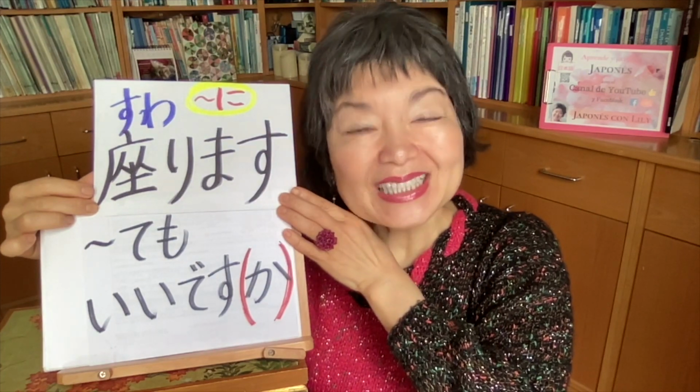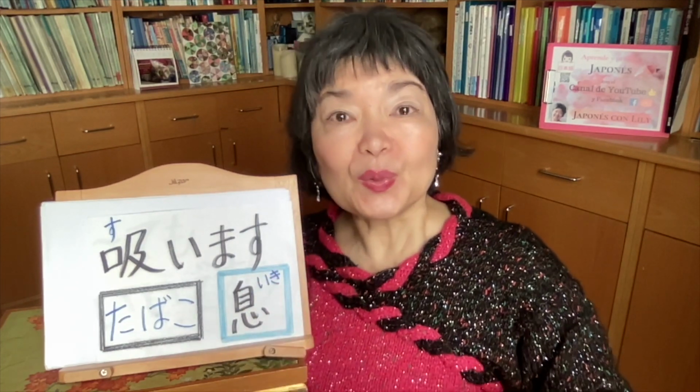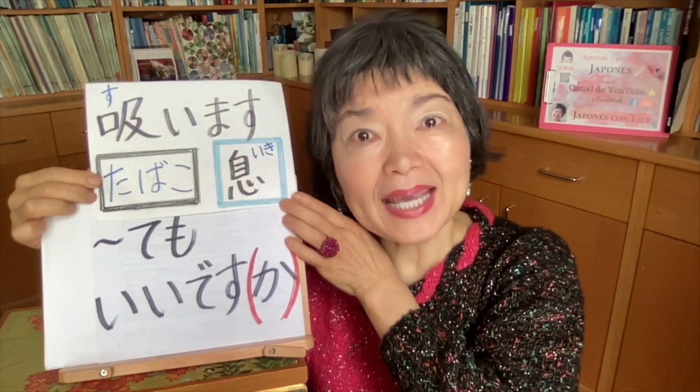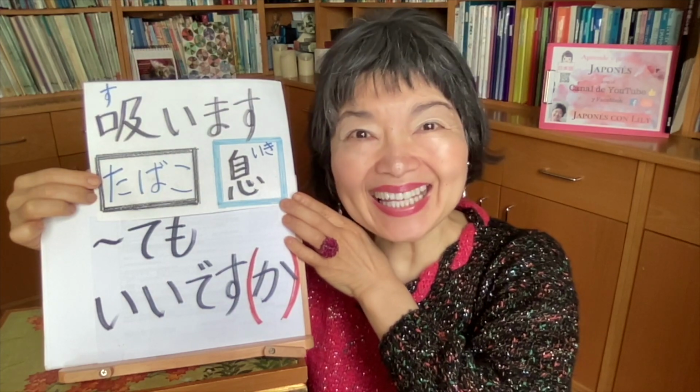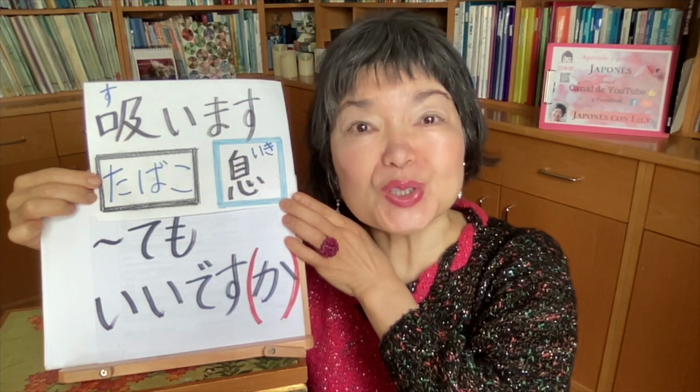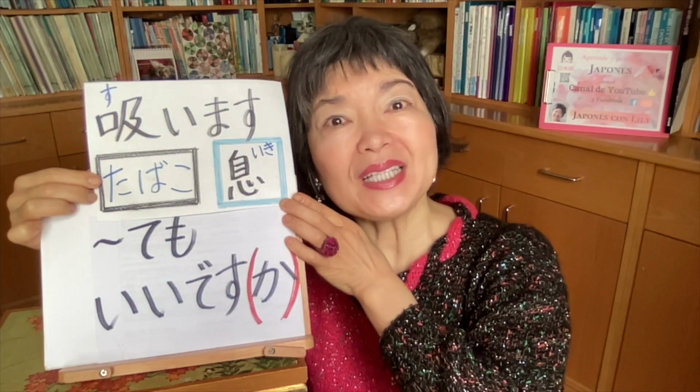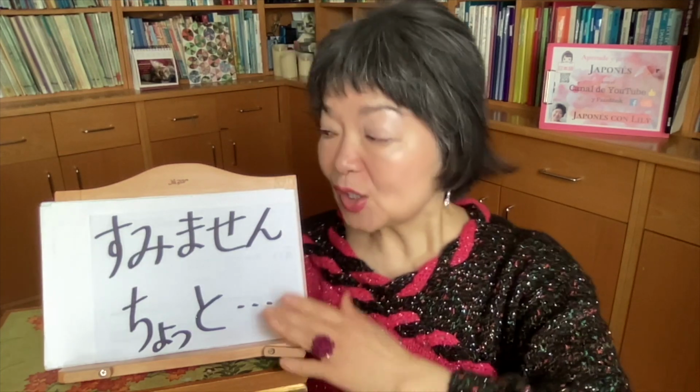ここに座ってもいいですか? 吸います. This verb means to breathe in, to inhale. And タバコ is tobacco. May I smoke here? ここでタバコを吸ってもいいですか? すみません、ちょっと. Then we are not going to say anything more.